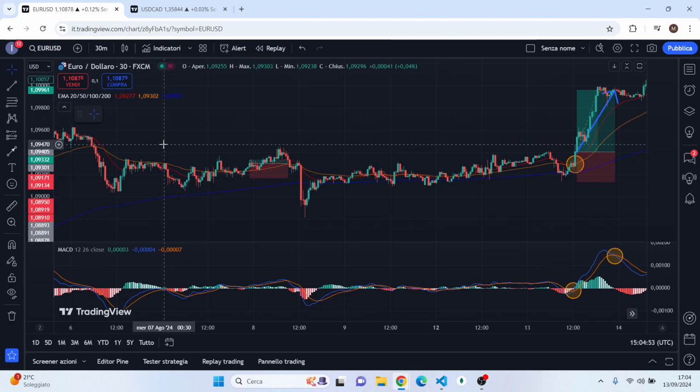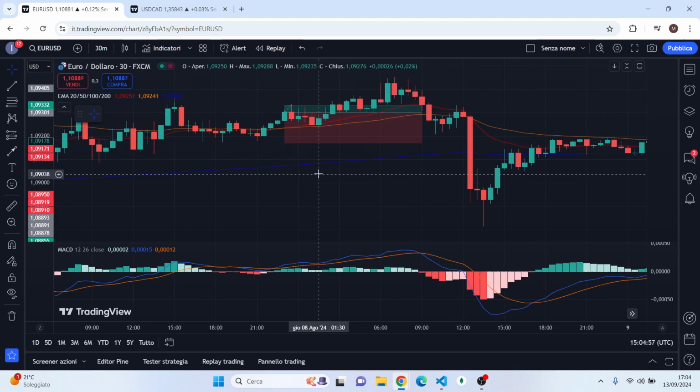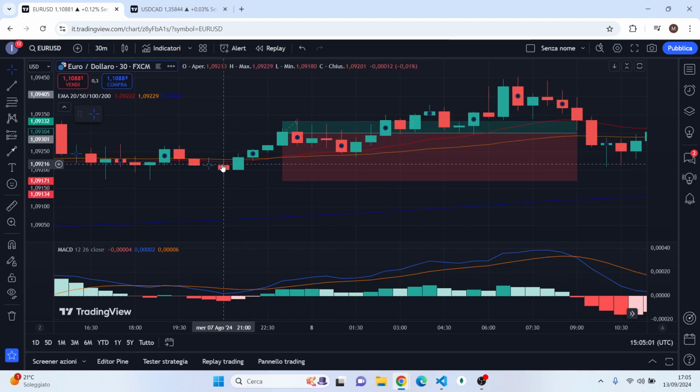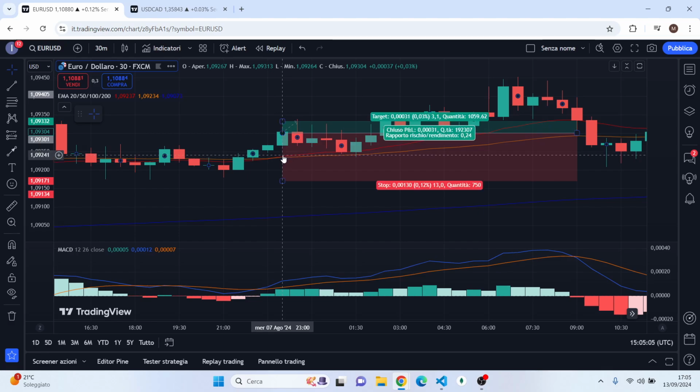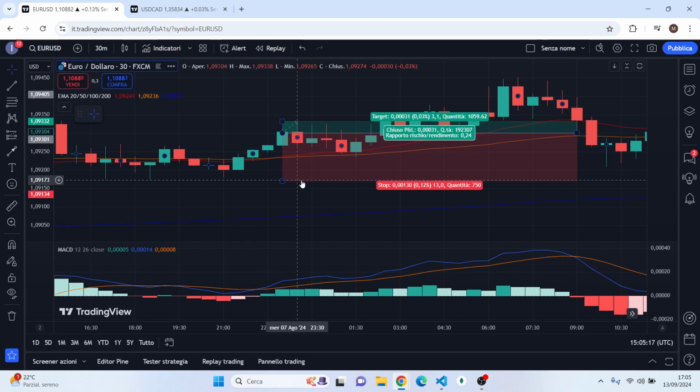Let's see the last example on EUR/USD. So it was here. In this case, we have the cross of the EMA here. All the conditions on the EMAs are matched. Then we have a bullish cross in the MACD, and we will set the stop loss to the last swing low.